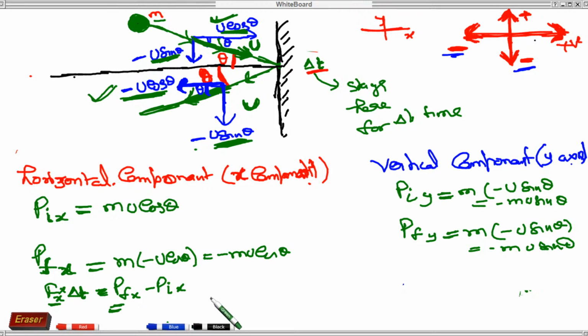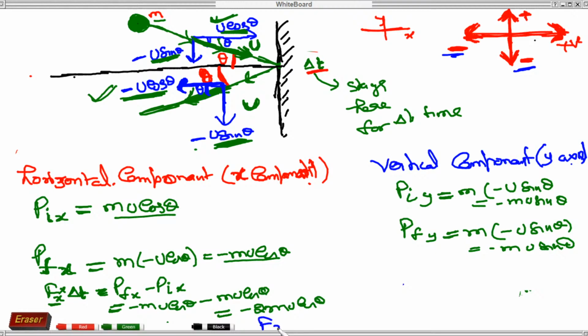So it will be minus mu cos theta minus mu cos theta, which is equal to minus 2 mu cos theta. So F along the x-axis is equal to minus 2 mu cos theta over delta t.